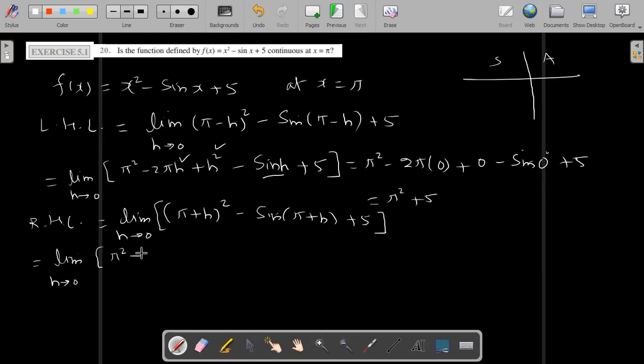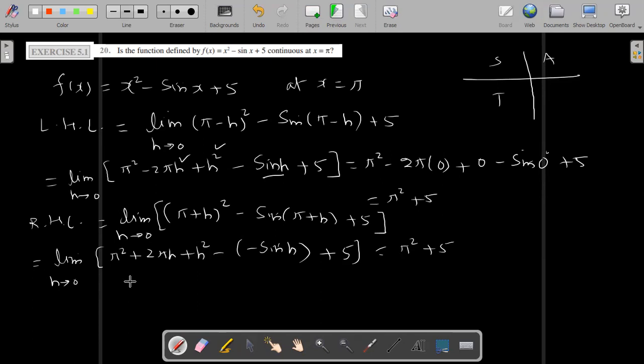So pi square plus 2 pi h plus h square. Sine of 180 plus theta, now here it will be negative. So minus sine h plus 5. But sine 0 degree is 0. So this will also give you the answer pi square plus 5.